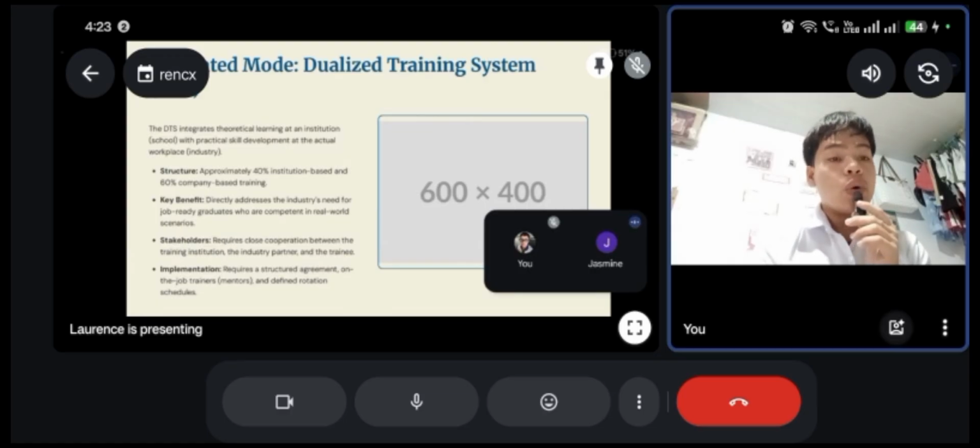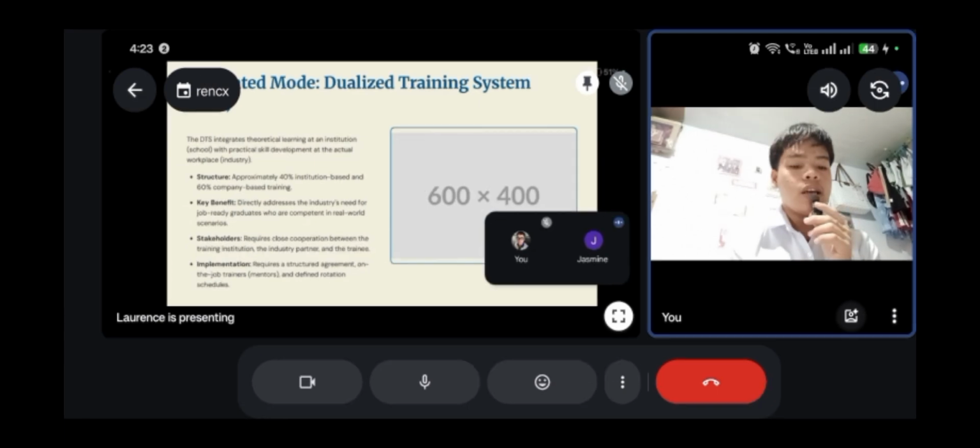Because students get real-world experience, so they are ready for actual jobs when they finish. Who is involved? The school, the company, and the student all work together. How does it work? There must be a clear plan, mentors at the company, and a schedule that tells when students learn at school and when they train at the company.